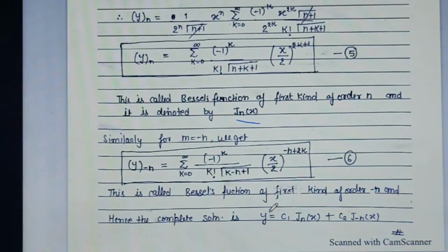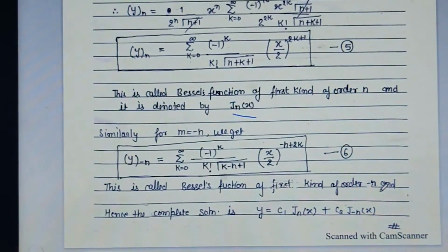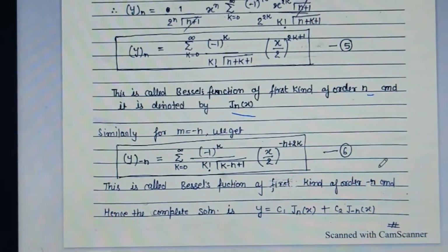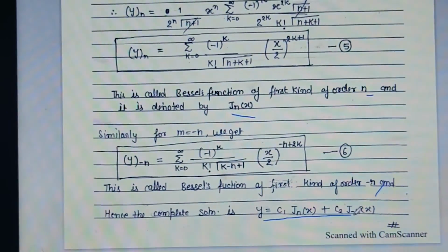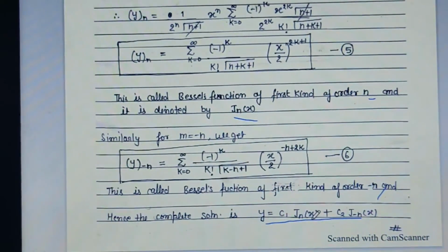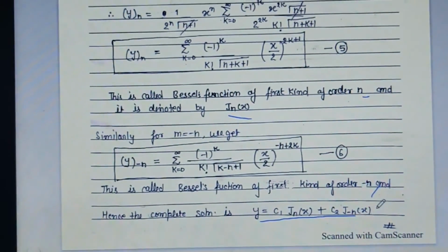This will be your sixth equation. This is nothing but the Bessel function of the first kind of order minus n. So this is of order n, and over here it is minus n. Okay, and the complete solution is y equal to c1 J_n(x) plus c2 J_-n(x).